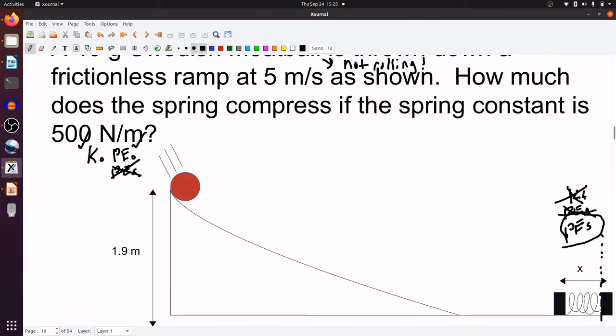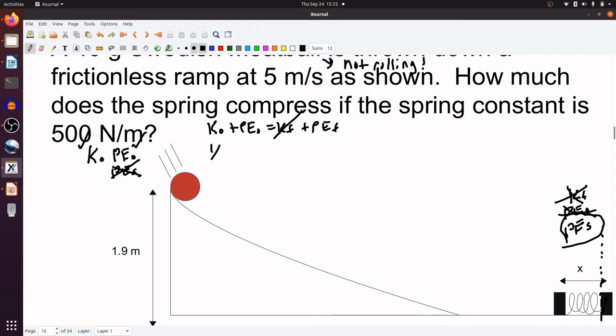So, using our conservation of energy, it is K naught plus PE naught equals KF plus PEF, assuming both types of potential energy. We don't have final kinetic, but we do have initial potential, gravitational, and kinetic energy.